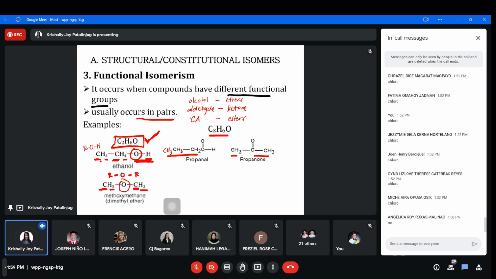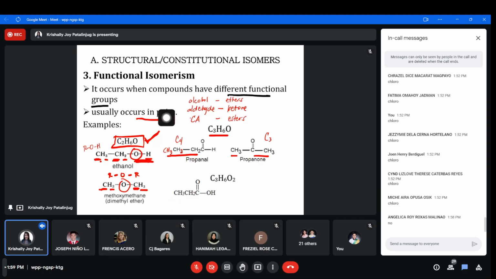Kasi this structure already contains 4 number of carbons. Yung isa, tatlo lang yung number of carbons. So yan pa lang, iba na yung number of the carbon atoms in their structures. So not an isomer. Yan yung una nyong titingnan in any set of structures. You have to make sure na parehas yung number of carbon atoms or any type of atoms na makikita sa both structures. Okay?